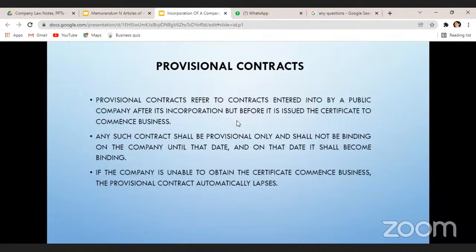So provisional contracts are the contracts entered after incorporation and before commencement, especially by the public limited company. Because for a private limited company, after incorporation, they can start immediately. Okay, so they will not have these provisional contracts.